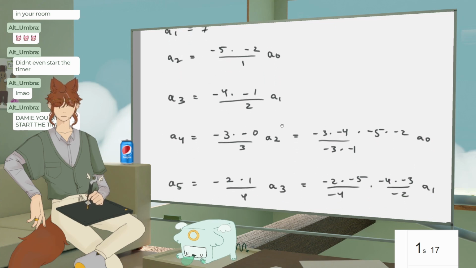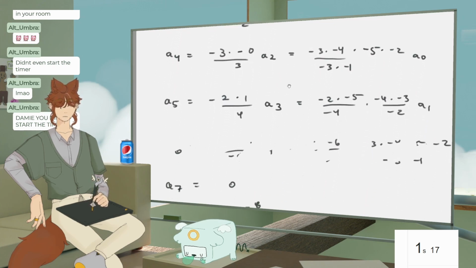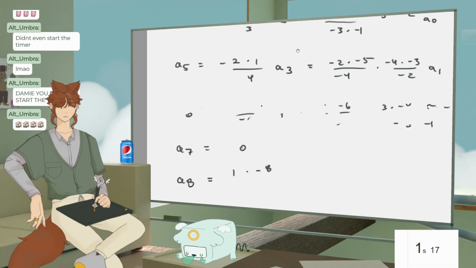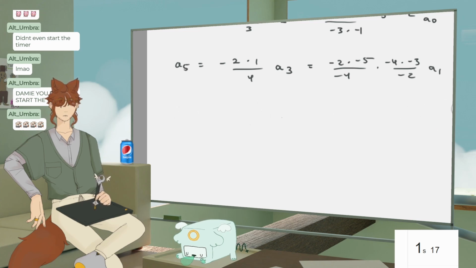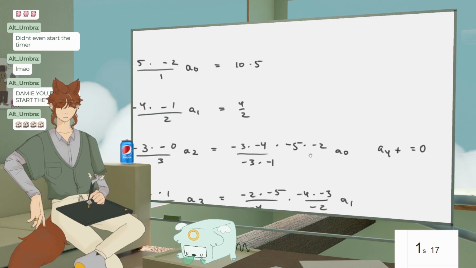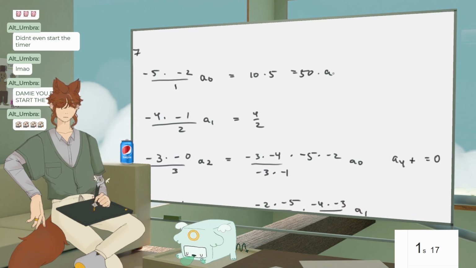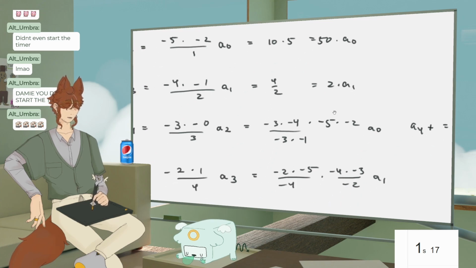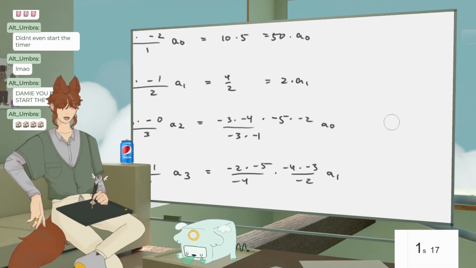What the heck am I smoking? Okay, that's fine. A8 is already 0, and that's 0. Okay, we only need to do these 5. Wait, and A6 is already done. Okay, so negative 10 times 5. This one is 4 over 2. So 50 times A0. This is 2. I don't know if my professor is gonna be too happy about how this looks. This is 0.